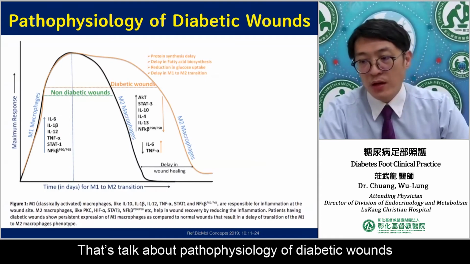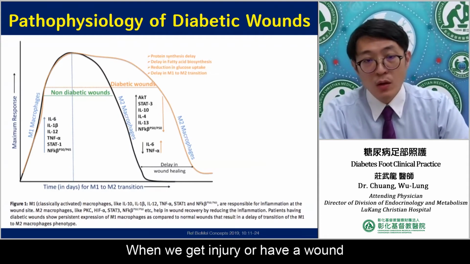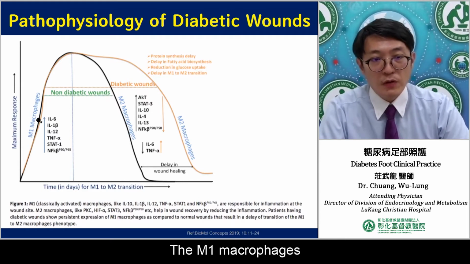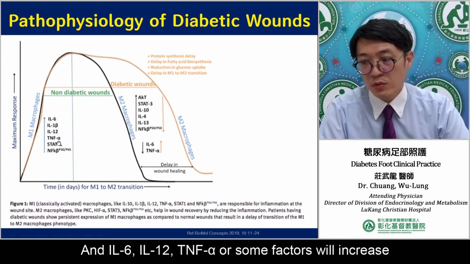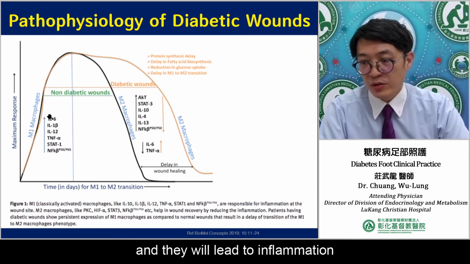Let's talk about the pathophysiology of diabetic wounds. When we get an injury or have a wound, the M1 macrophages and factors like interleukin-6, interleukin-12, and TNF-alpha will increase, and they lead to inflammation.